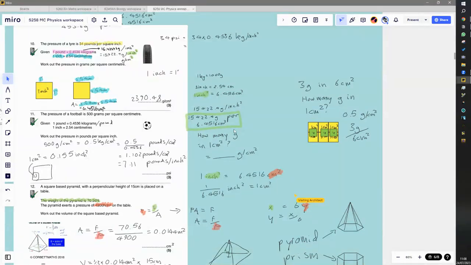So what did I do to get all that? I did 3 divided by 6 centimeters squared. I did the grams divided by the area. And we do the same thing here. We do the grams over the area. Another way to see it, a third way, is to actually look at the units. Grams per, this line just means divide. So you're going to do the mass divided by the area.